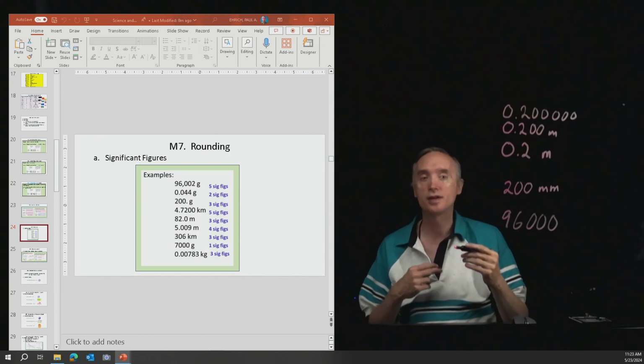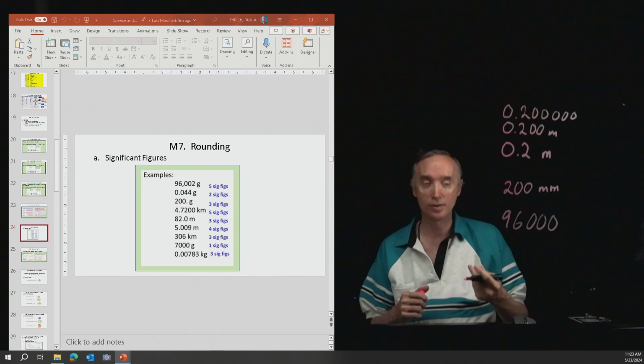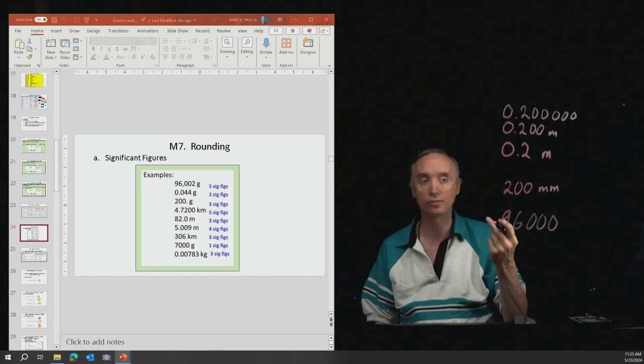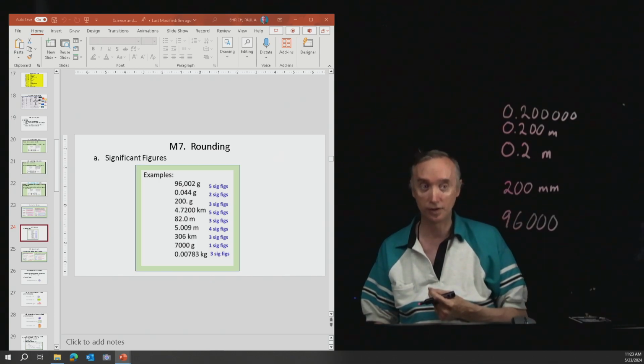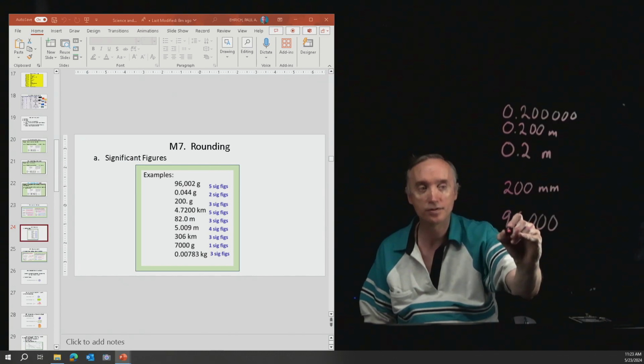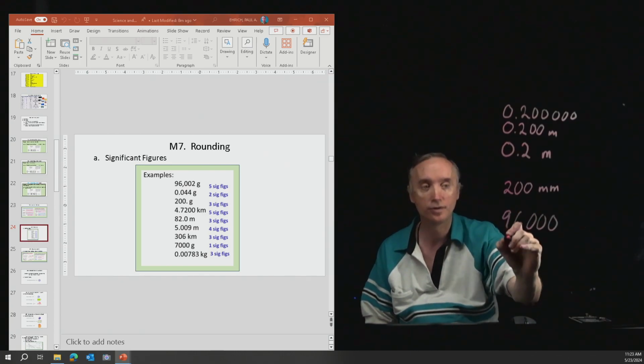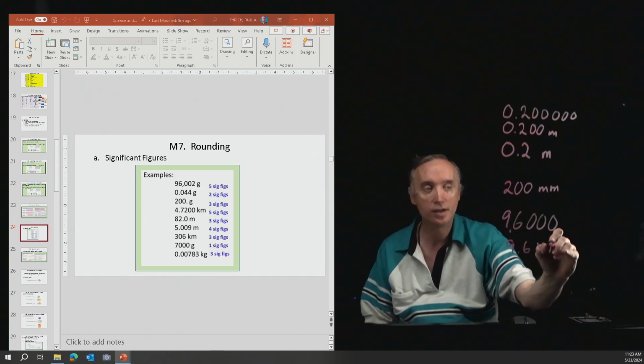Okay, now let's say though that your measuring device was not that good, and your measuring device was only good to 3 significant figures. What could you do? You could write it in scientific notation. If you put the decimal point right here, in our previous lesson we learned that this is equal to 9.6 times 10.